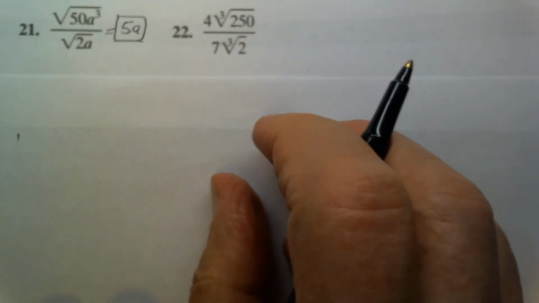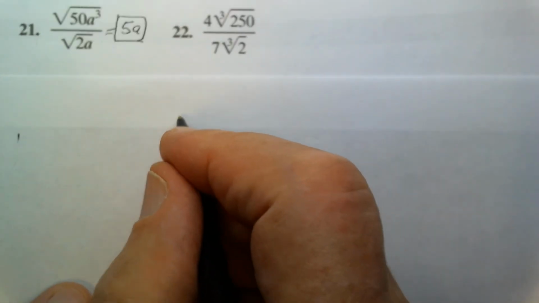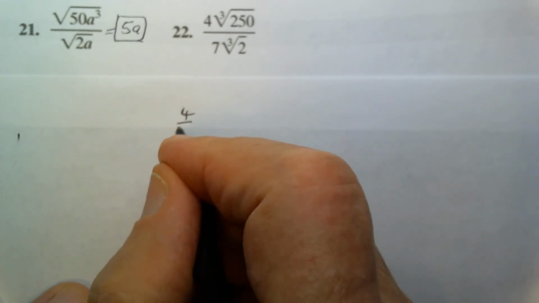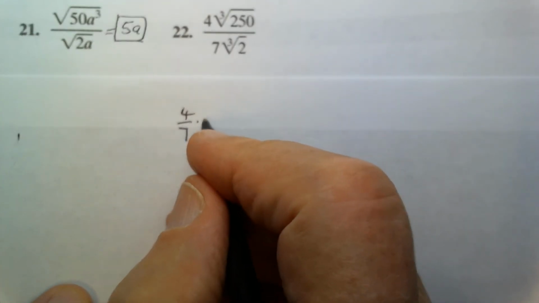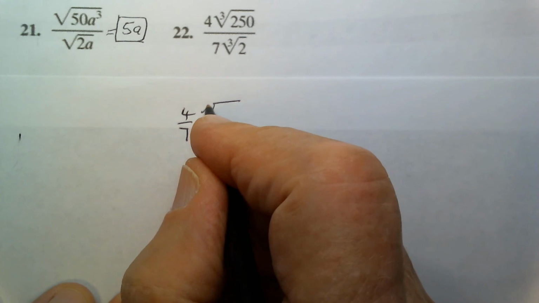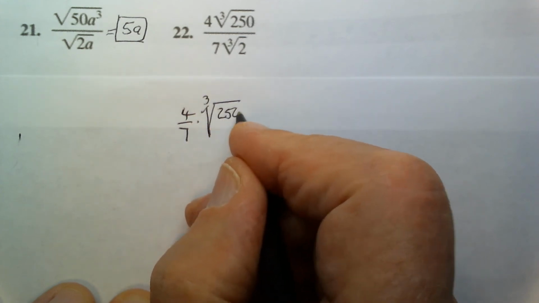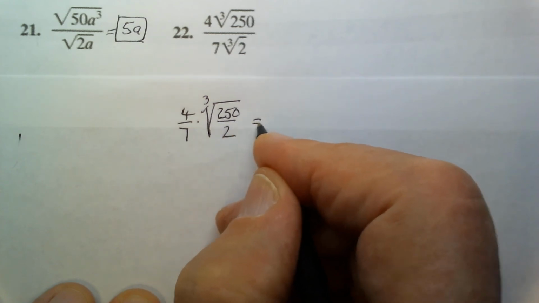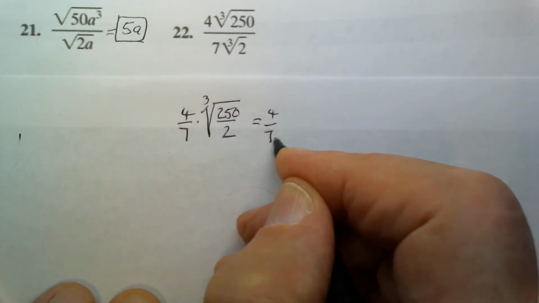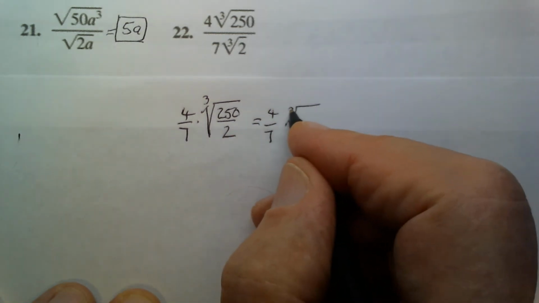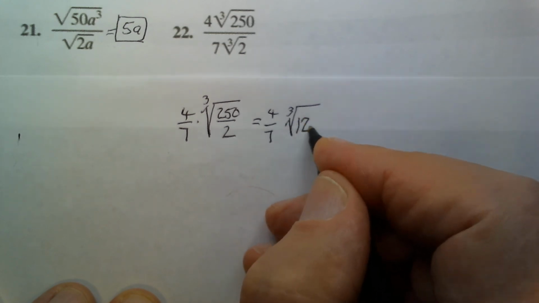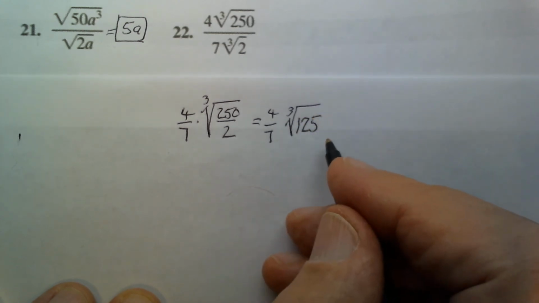So for number 22, we can rewrite the expression as 4/7 times the third root of 250 divided by 2, which would be 4/7 times the third root of 125.